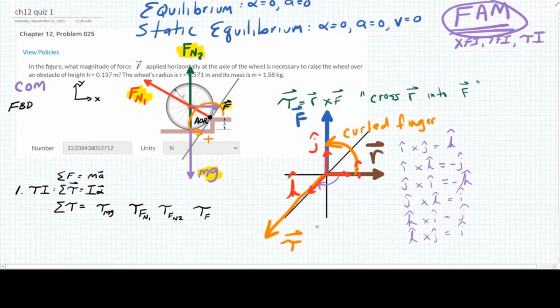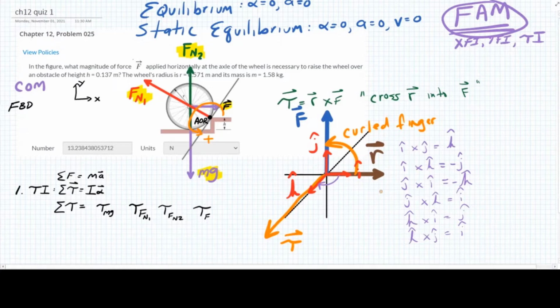So there's a lot we can say. Well, I've said a lot. Tau is always perpendicular. This is good stuff. I actually was talking about E&M this morning, almost having the identical conversation.